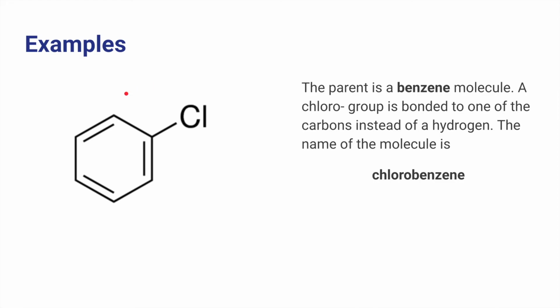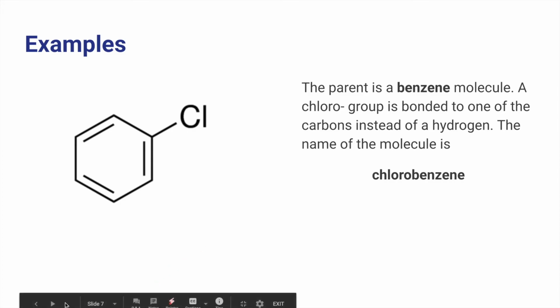Even if you were to rotate this molecule, it would always be bonded to carbon 1. When we need to start numbering things is when we have other groups attached or another chlorine group attached, and that's when we have to use numbers to show the position of those groups relative to each other on the parent. So this can just be chlorobenzene.